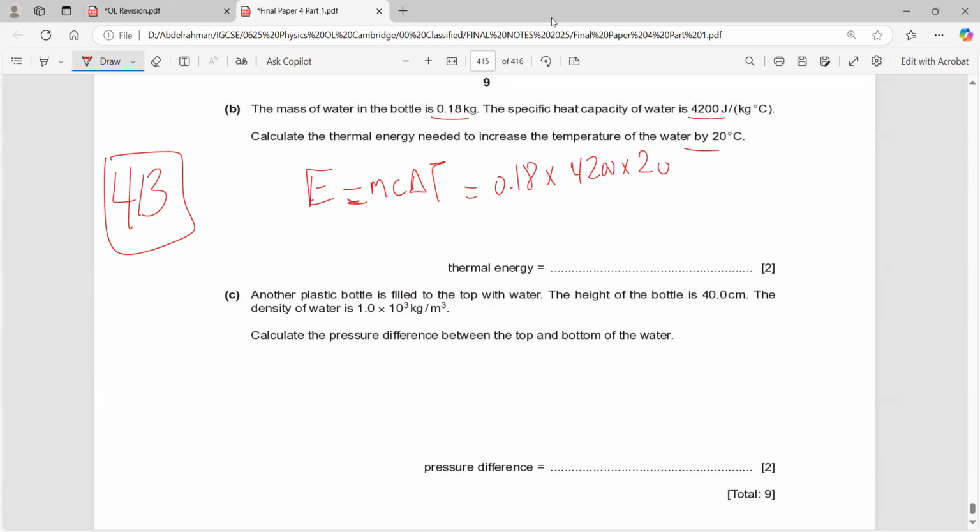Let's write it down. What does it come to? 0.18 times 4200 times 20 is 15,120 joules. You can write it down as 1.5 times 10 to the power of 4 joules. Okay, you can write it down.